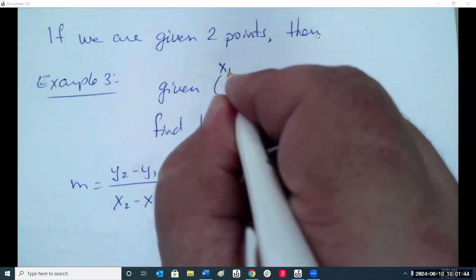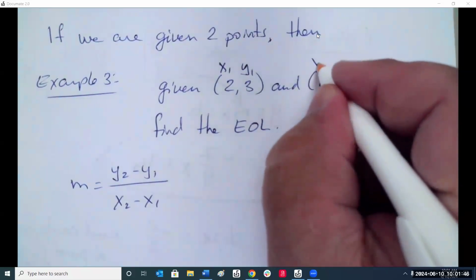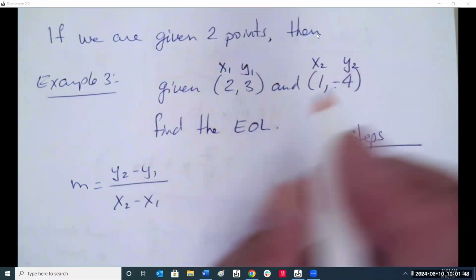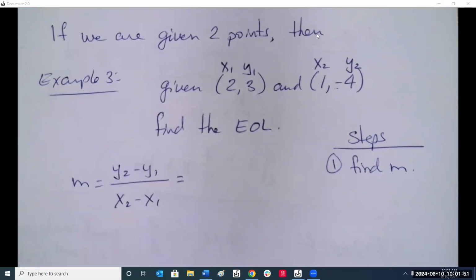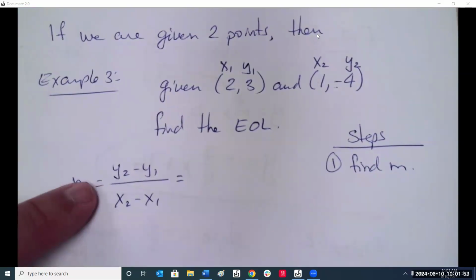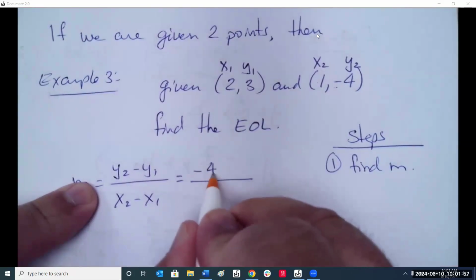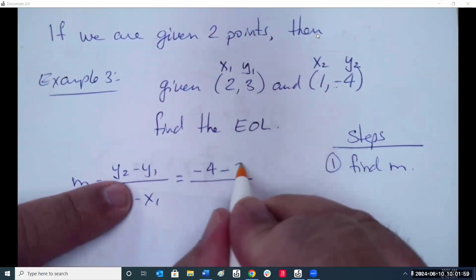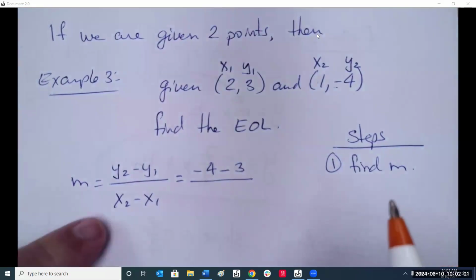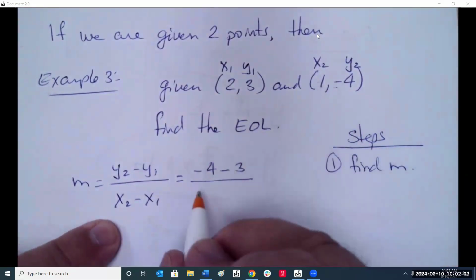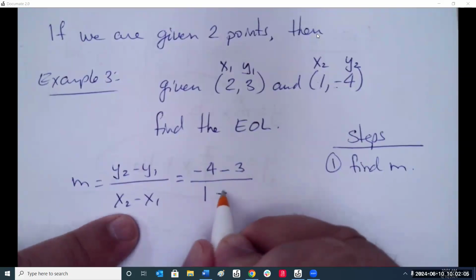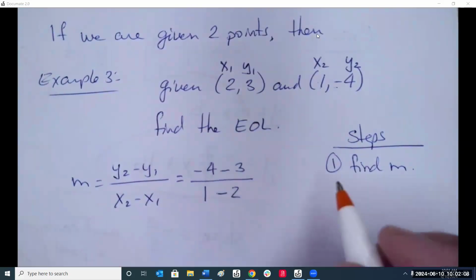I label my points x1, y1, x2, y2. So what's y2? Negative 4. Minus y1 is 3. x2 is 1 minus 2.